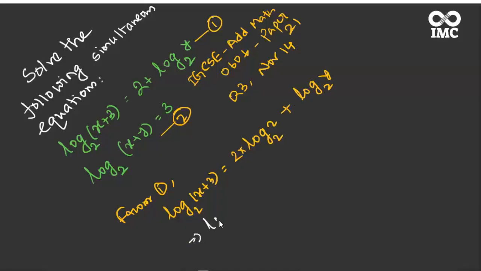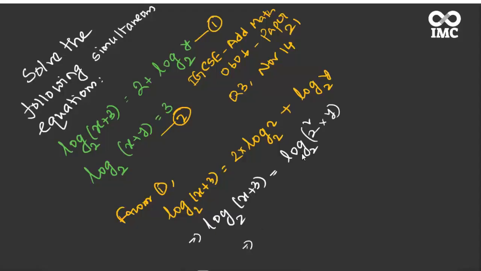Now, instead of the left side, we can write log base 2 of 2 squared, okay. And by using the product rule, instead of plus we give a multiplication sign, then y will be multiplied here.